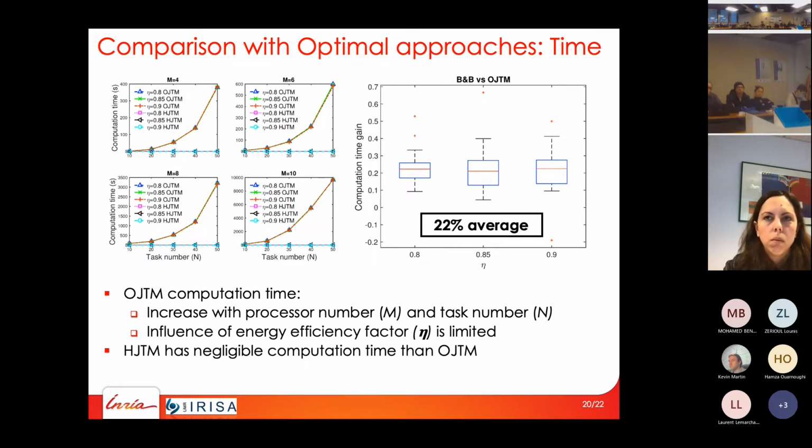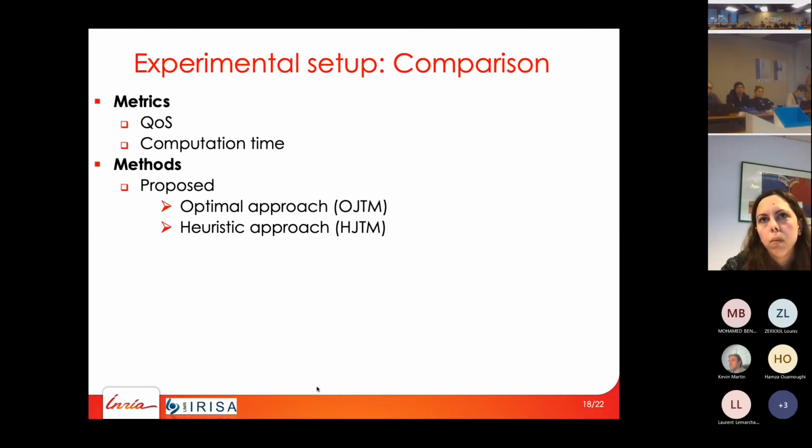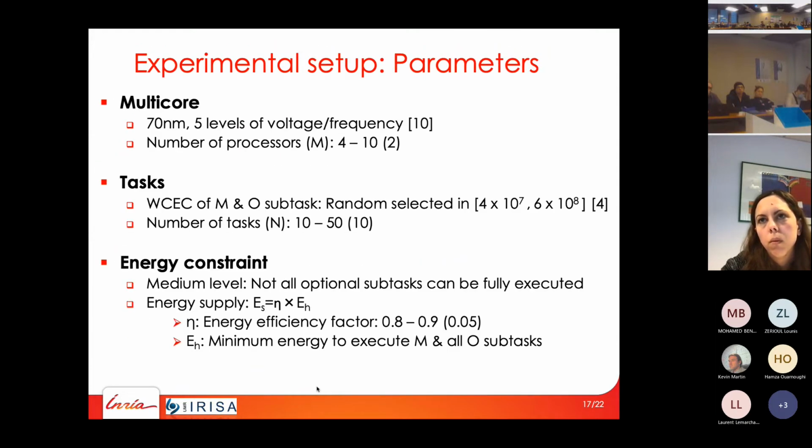So you generated random instances, but is it really random, or did you fix some constraints due to real-time systems, for example particular values of the period, harmonic periods? Okay.